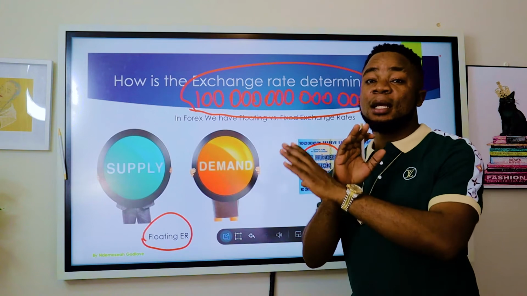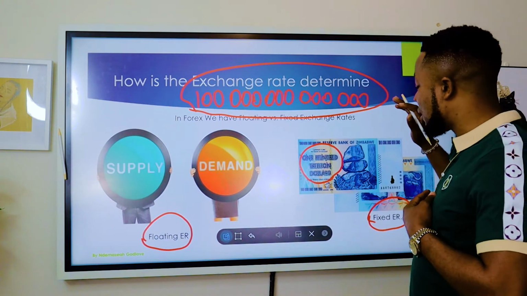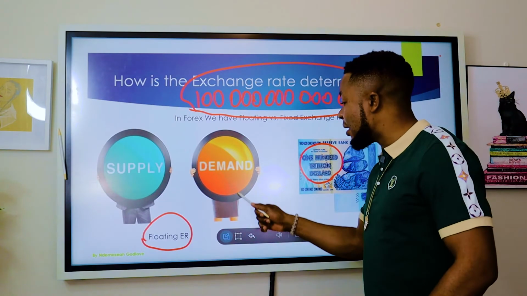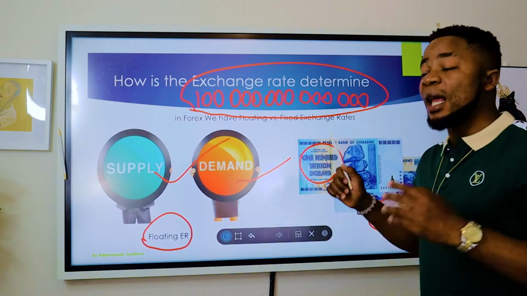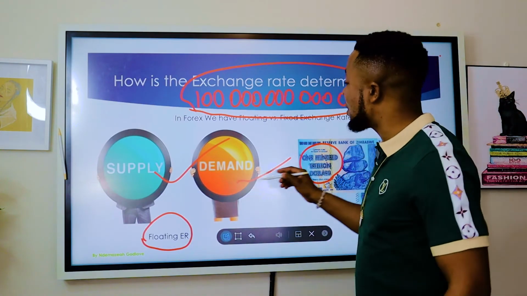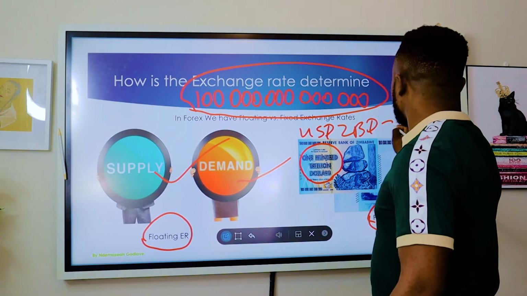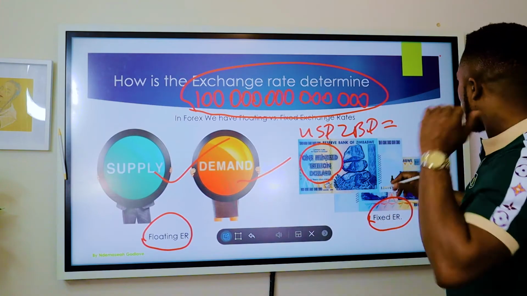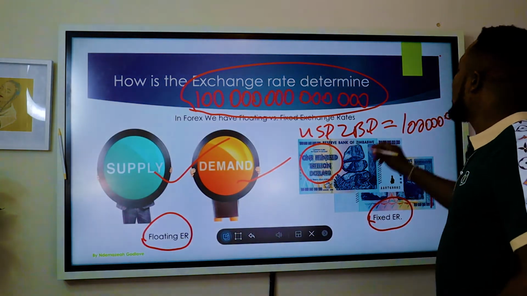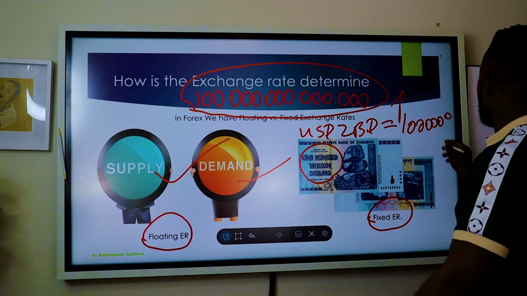They have a fixed exchange rate, meaning no matter how high the demand for this currency is, or how high the supply is, the exchange rate will always be the same. If the exchange rate between the United States dollar and the Zimbabwean dollar is, let's just say, 1 billion, it means even tomorrow, even if the demand for the United States dollar goes up, nothing will change.